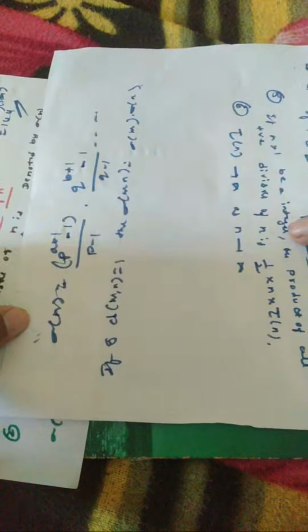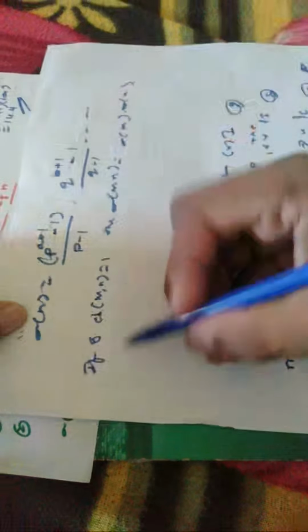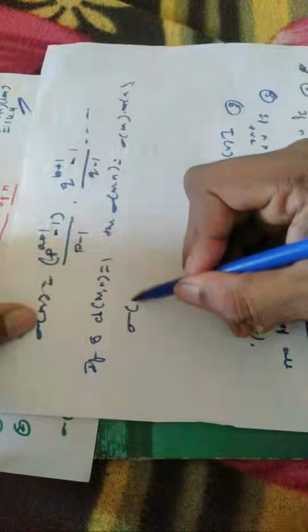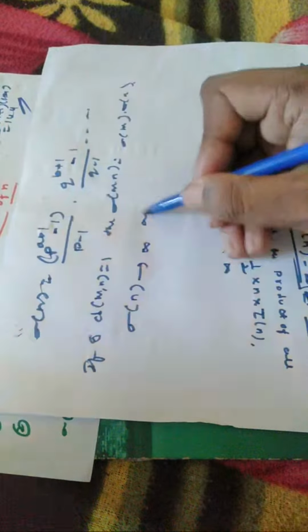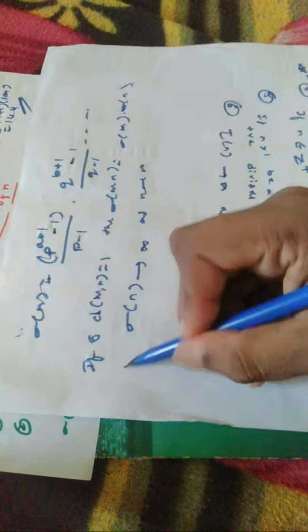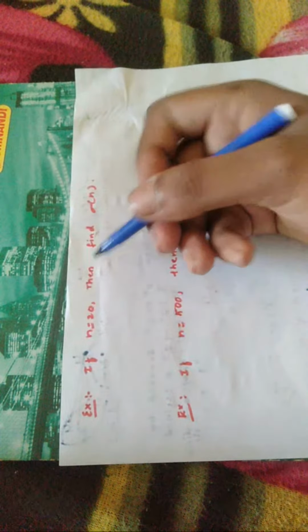These are some properties. And one more property is, sigma of n tends to infinity as n tends to infinity. Now we are discussing some problems related to the sigma function. If n is equal to 20, then find sigma of n.